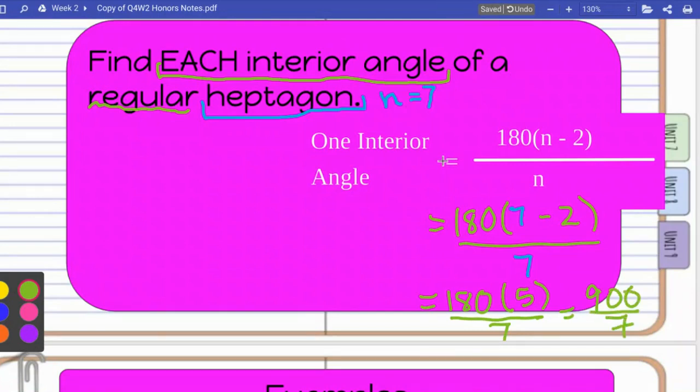So each interior angle is approximately 128.57 degrees. For some of these, you're not going to get an exact degree measure because of the number of sides not being even.